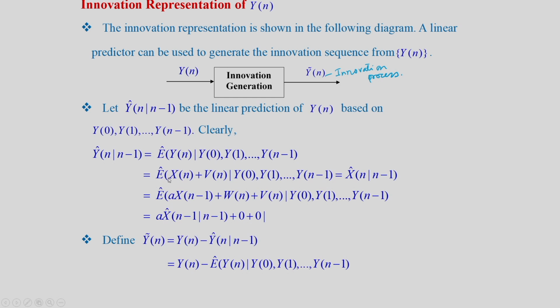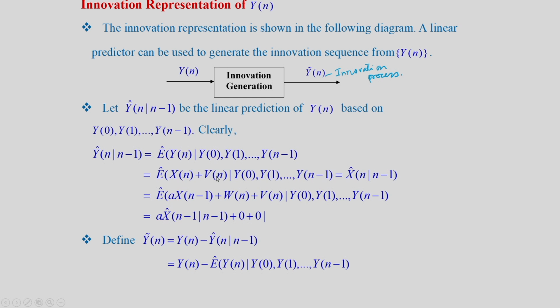Now, yn we can write as xn plus vn. Therefore, this will be E hat of xn plus vn given y0, y1 up to yn minus 1.